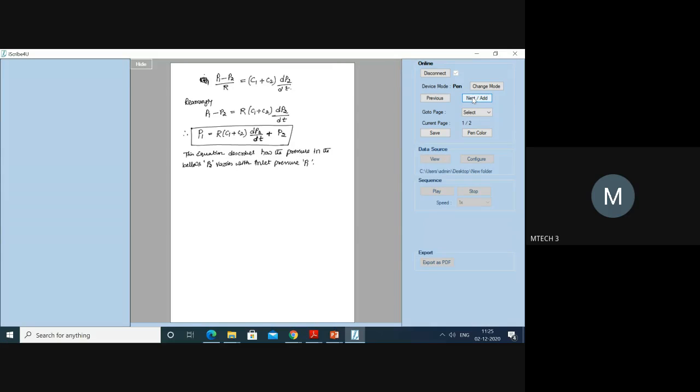Okay, below that you write: the bellows expands or contracts as a result of pressure changes. Full stop.